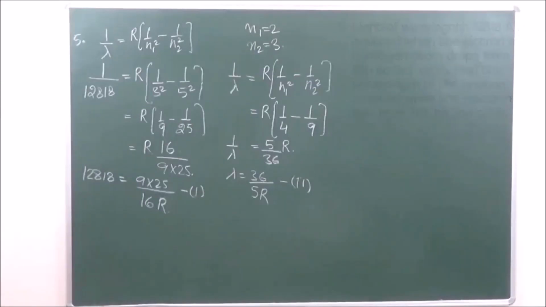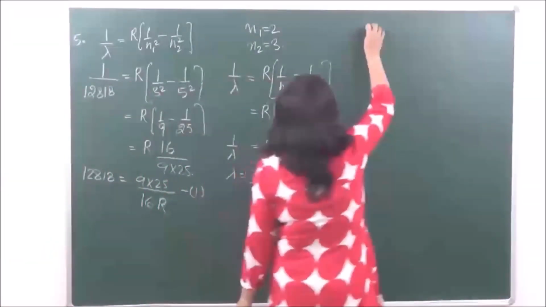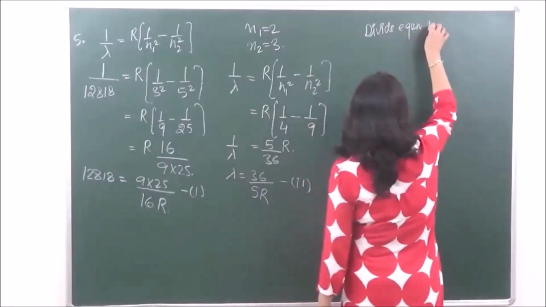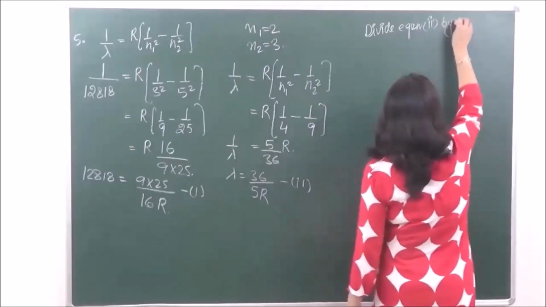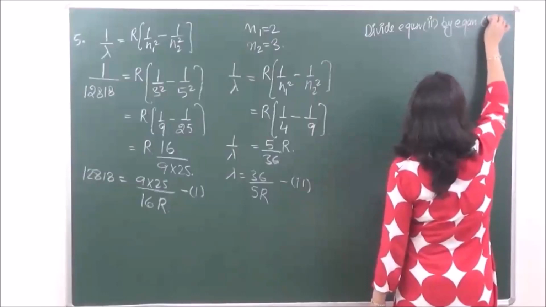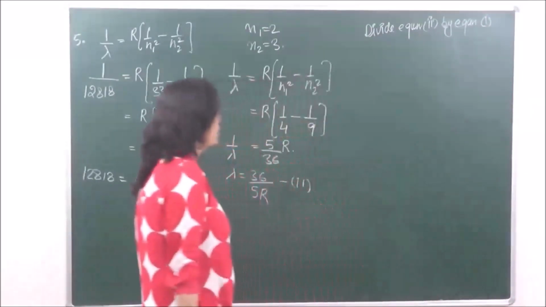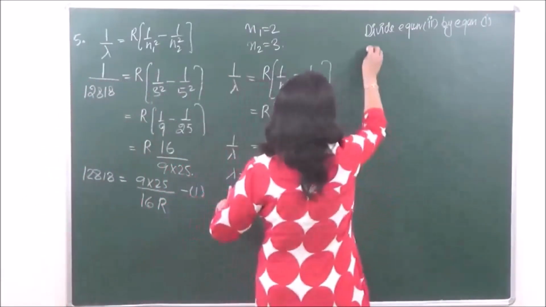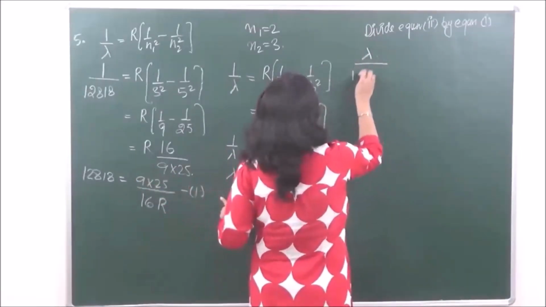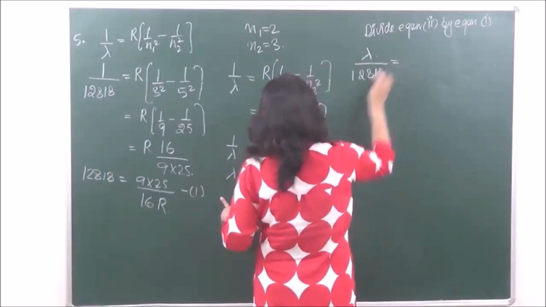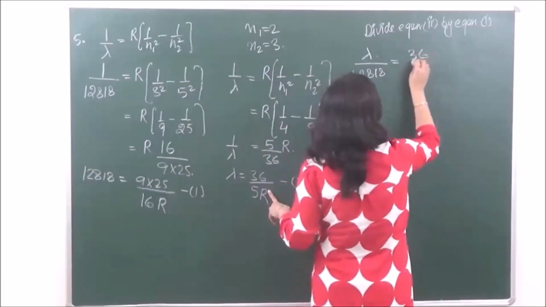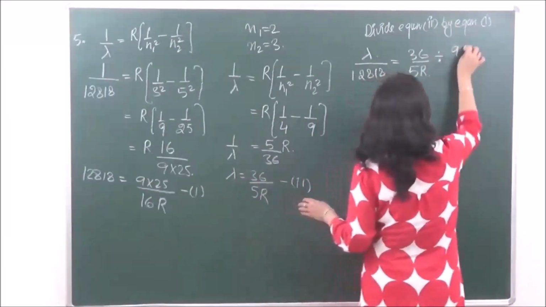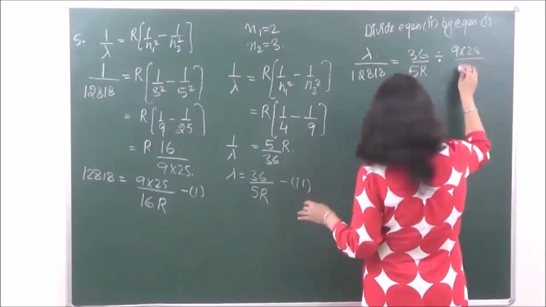Now divide equation 2 by equation 1. When you divide equation 2 by equation 1, we get λ upon λ1 equal to 36 upon 5R divided by 9 into 25 upon 16R.